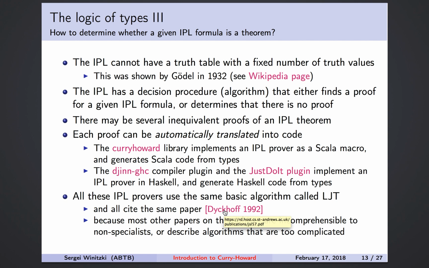They all cite the same paper, and I believe this is so because most other papers on this subject are unreadable to non-specialists. They are written in a very complicated way, or they describe algorithms that are too complicated. So I will show how this works in the rest of this tutorial.